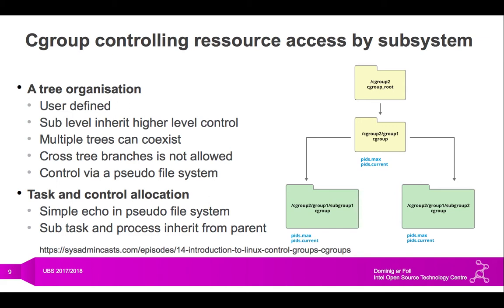The Cgroup is actually organized following a concept of a tree. But the particularity is that the tree is created by the user who wants to establish the control. So you're going to create branches by different subsystems.